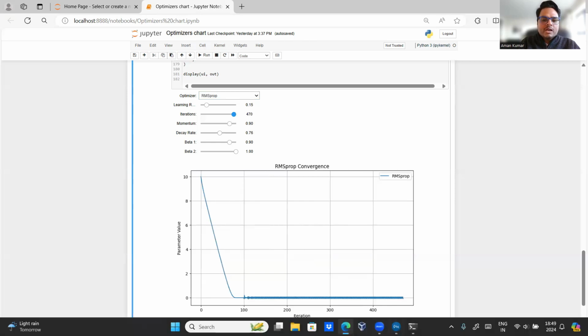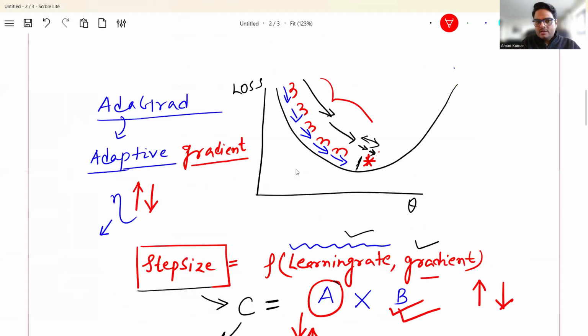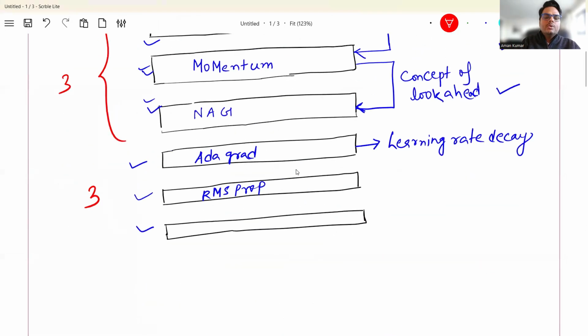So RMSprop is trying to give you a more stable version of Adagrad. In Adagrad, what may happen is your learning rate may become so small that your adjustment itself stops, or your step size itself is negligible. RMSprop protects you from that.